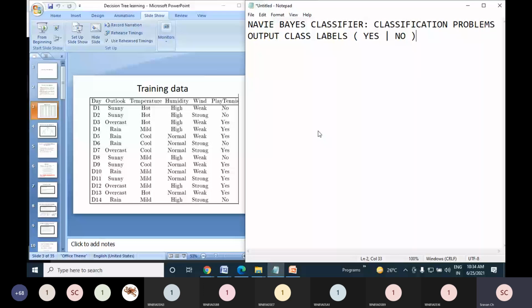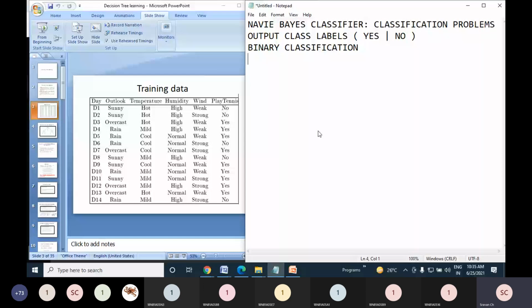This problem is related to binary classification. If we have more than 2 classes, how do we handle that, we will discuss at the end of this entire algorithm. Today we will try to complete the solution to the problem, and in that process we will try to understand the naive-Bayes algorithm.